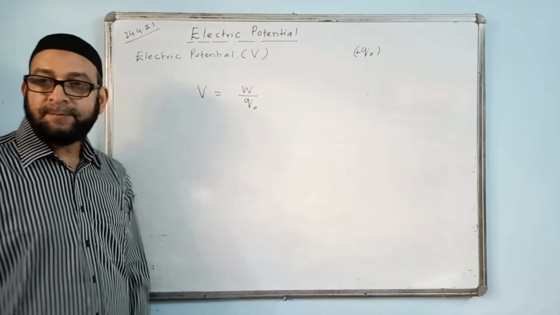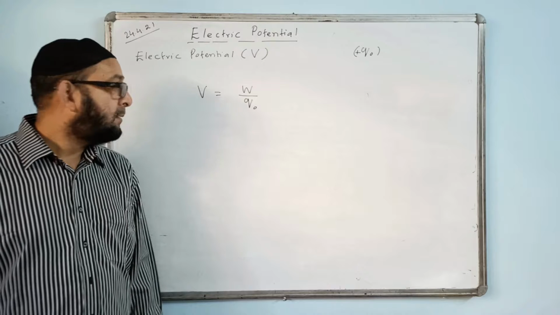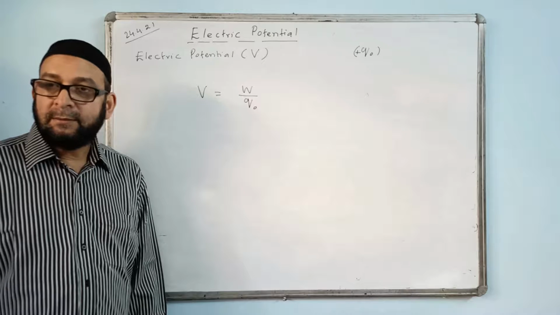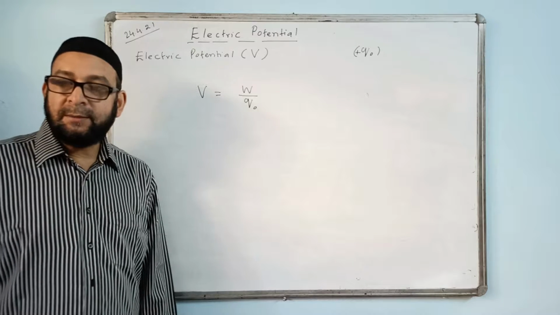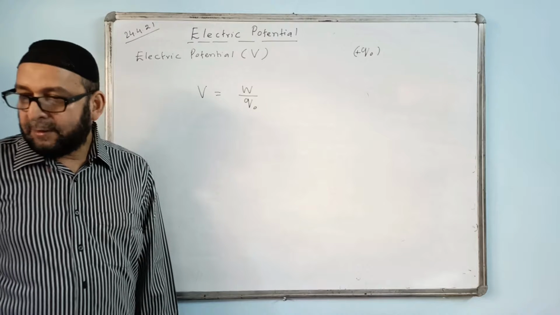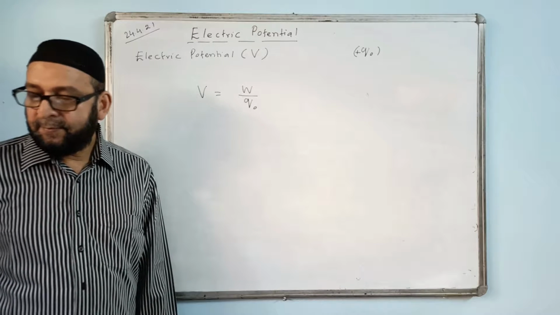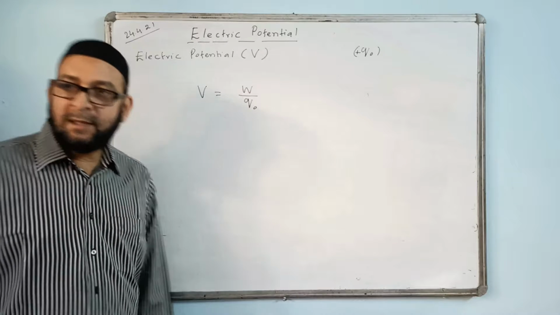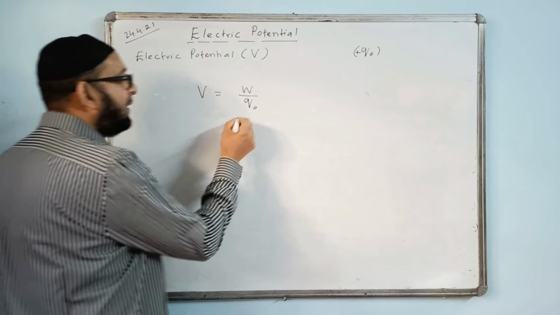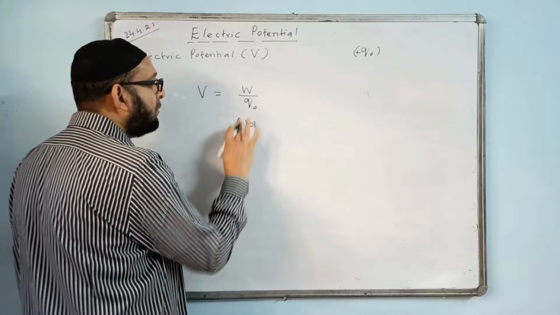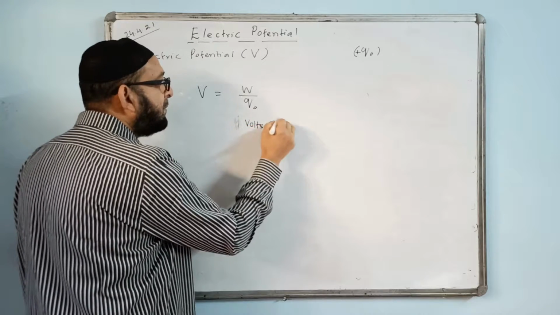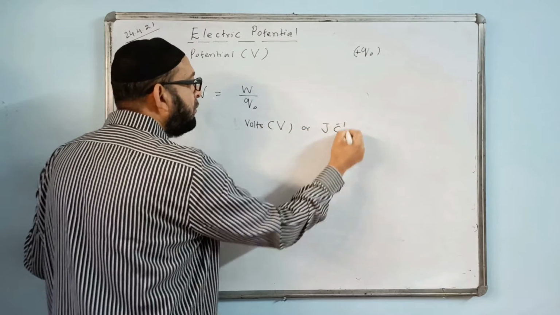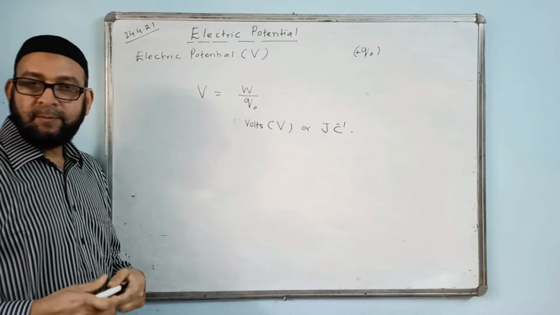Now, write down below this. Electric potential is a scalar quantity with the SI unit volts, denoted by capital V, or joules per coulomb.